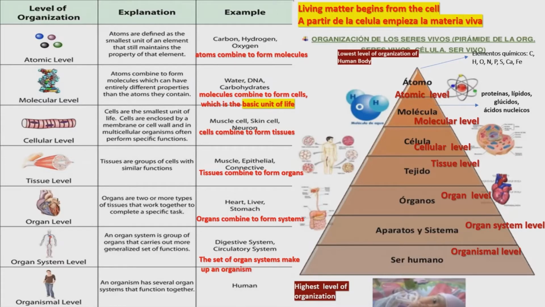Organism level: an organism has several organ systems that function together. An example is a human being. A human being belongs to the organism level.